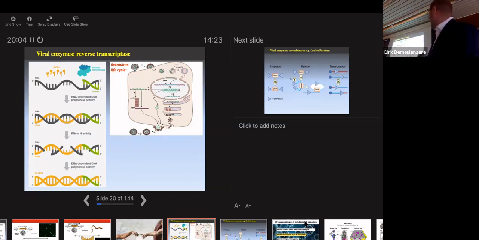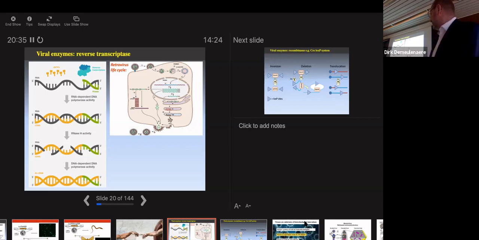And these viruses integrate their genome into the host genome. To integrate a single-strand RNA molecule into a double-strand DNA molecule, you obviously need to transform your RNA into double-strand DNA. And this is what this enzyme is doing. It's actually three enzymatic activities. You start with RNA, then you make a heteroduplex with an RNA-dependent DNA polymerase activity.